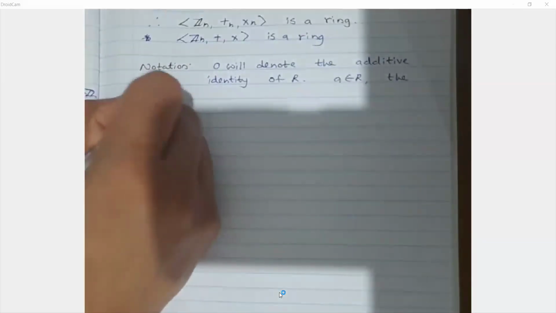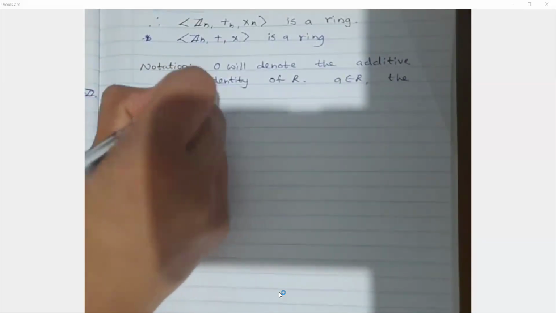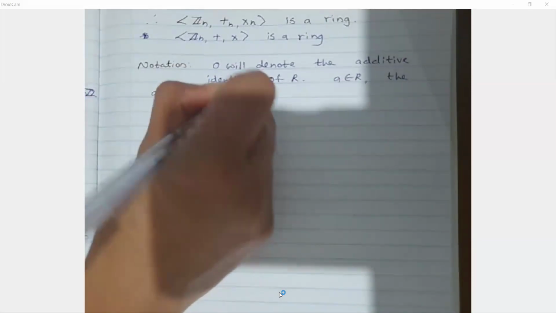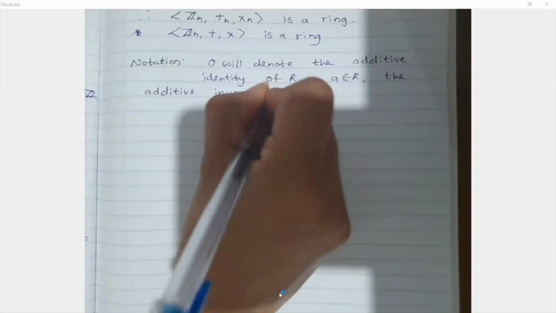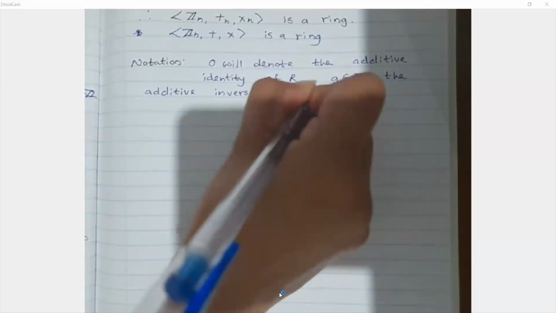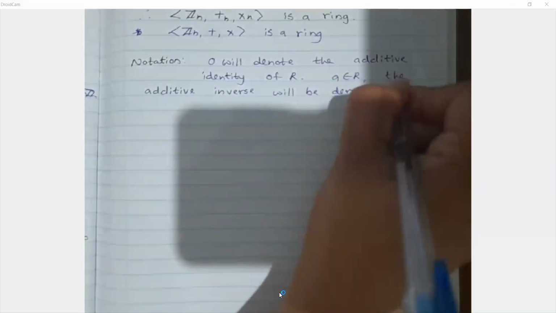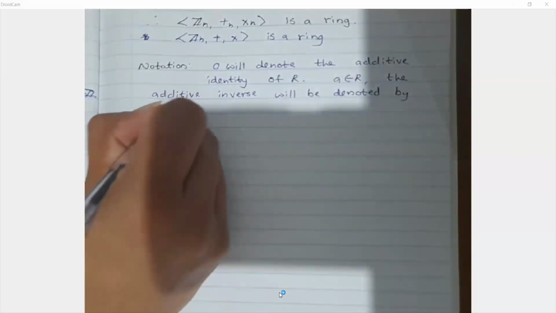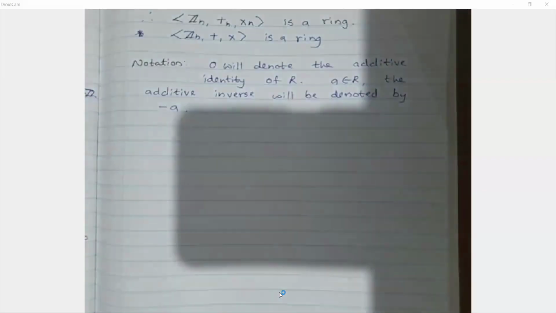So the additive inverse will be denoted by negative A. This will denote the additive inverse, right?